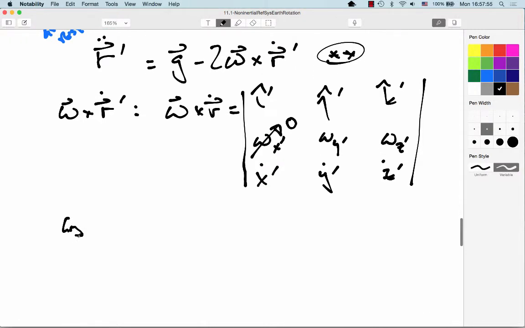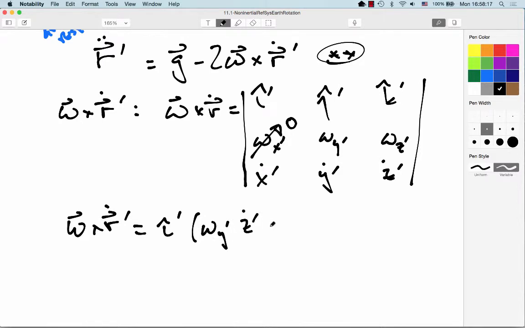So our omega cross r dot equals, well, let's first find the i component. So that will be i times omega y prime z prime dot minus, plow the field the other way, omega z prime y prime dot.